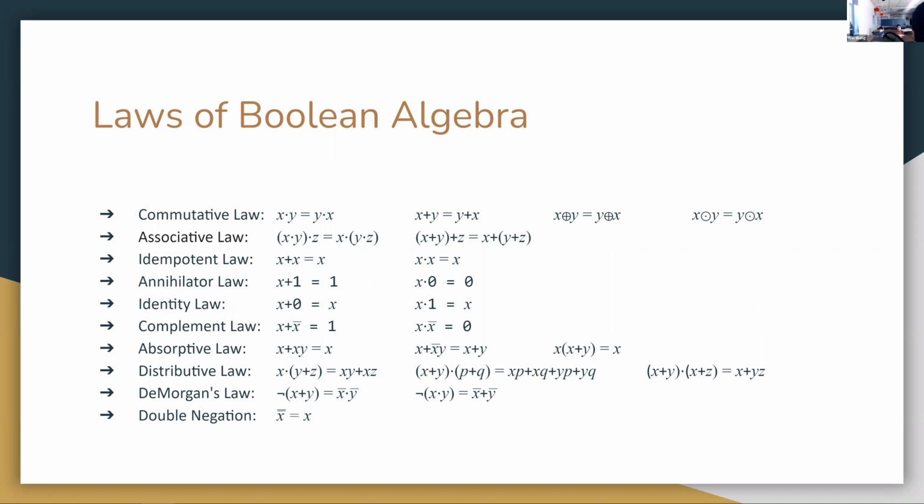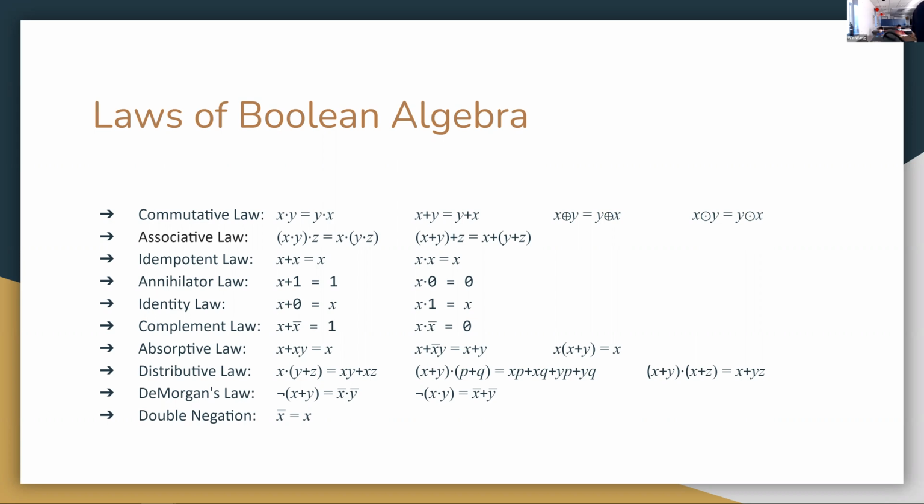And then distributive law. If this helps you remember, in regular math, if you do x times y plus z, that expression would equal x times y plus x times z.